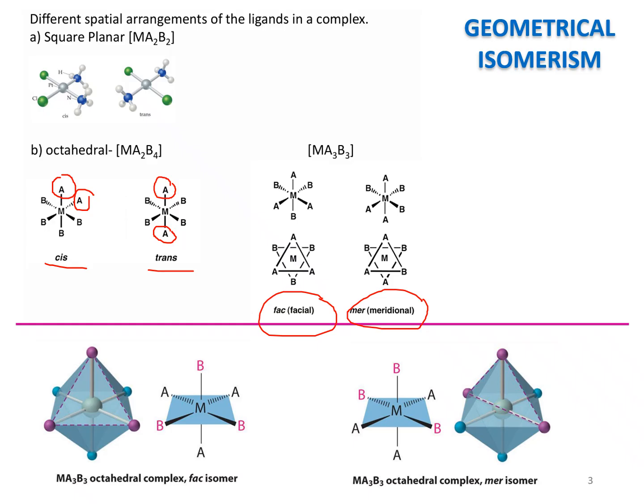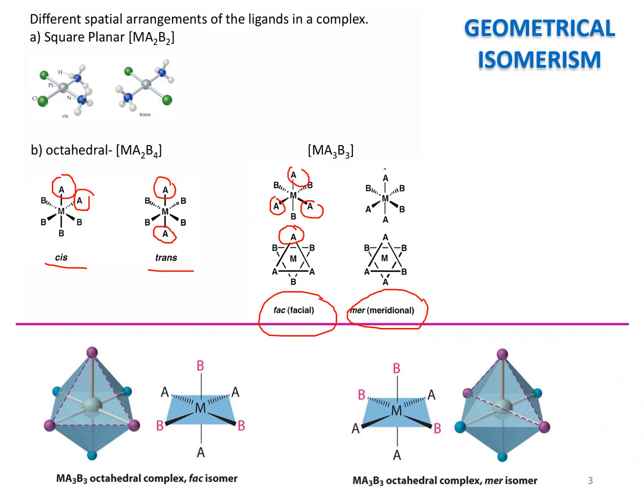For example, A. If we look at A, all these A ligands are 90 degrees away from each other. So this is the facial isomer.